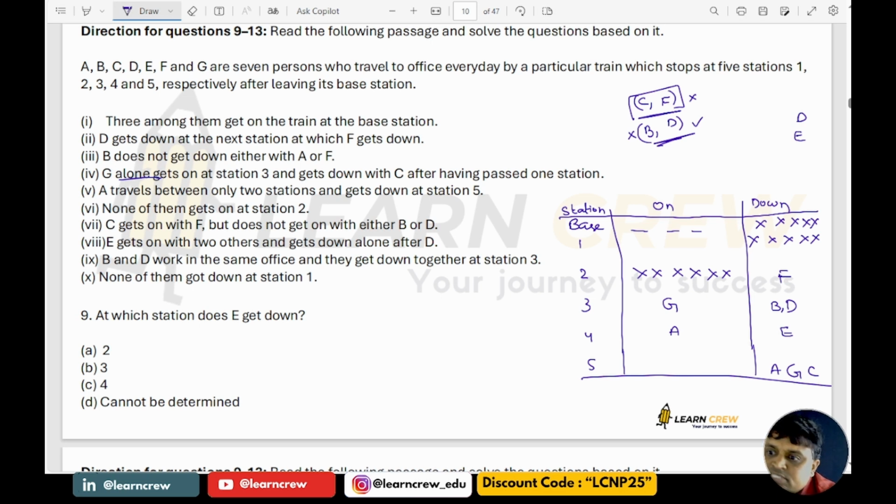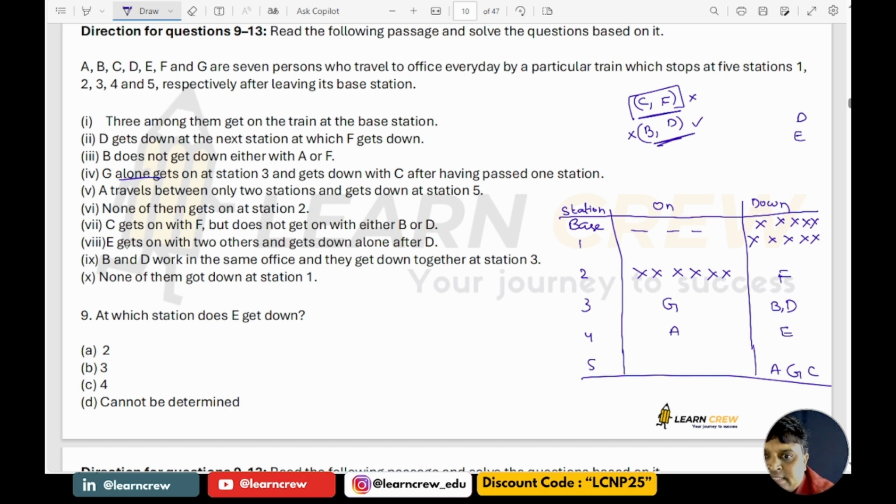G alone gets on at station 3, already used, and gets down with C having passed one station, already used. A travels between only 2 stations and gets down at station 5. None of them gets on at station 2, already used.